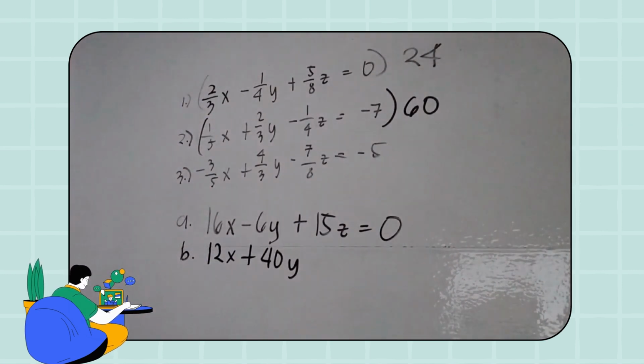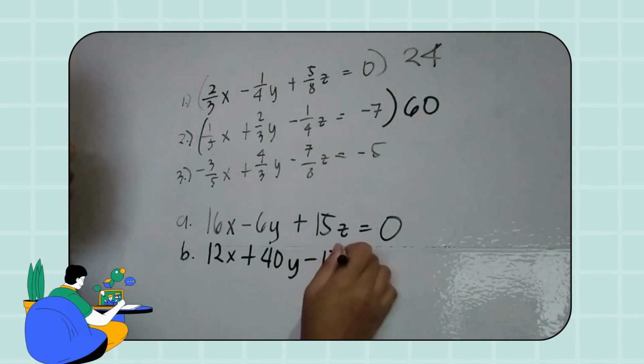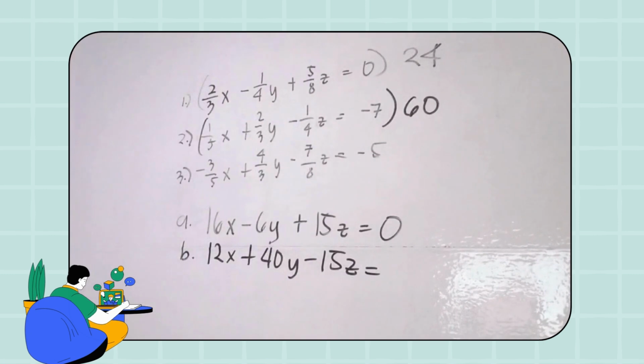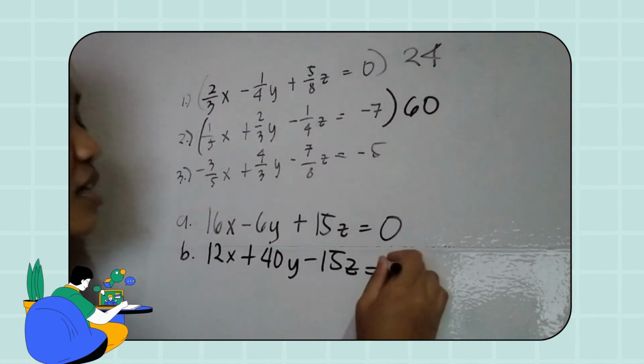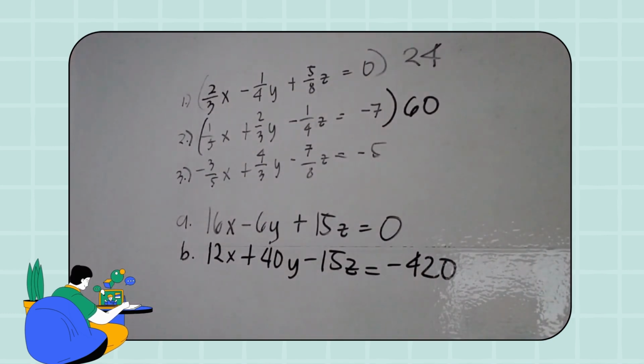And 60 divided by 4 is 15, times negative 1 would be negative 15z, equals negative 7 times 60, which is negative 420. So this is the simplified version of equation 2.